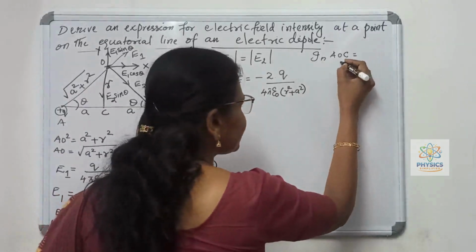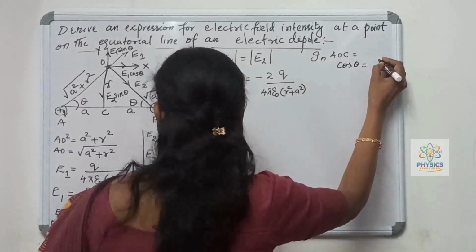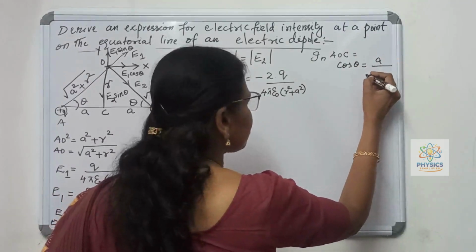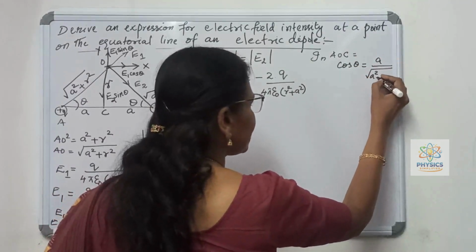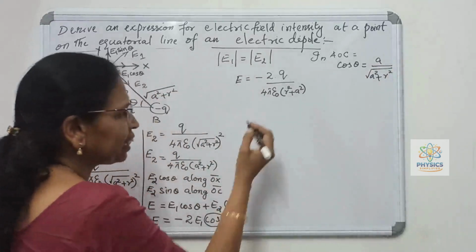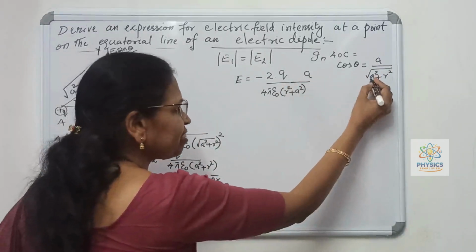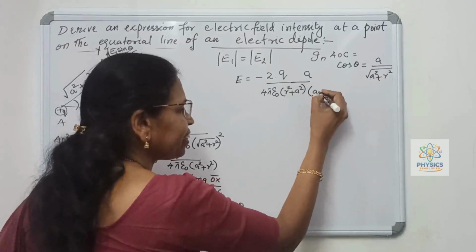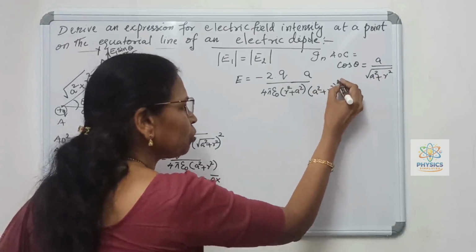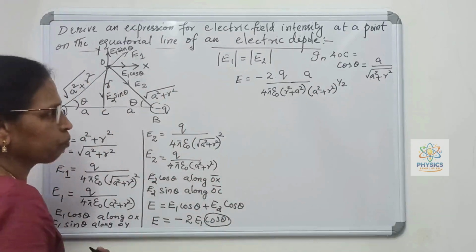Therefore, cos theta can be written as A by square root of A square plus R square. We can substitute here. A by root of A square plus R square, we can write as A square plus R square the whole raised to 1 by 2.